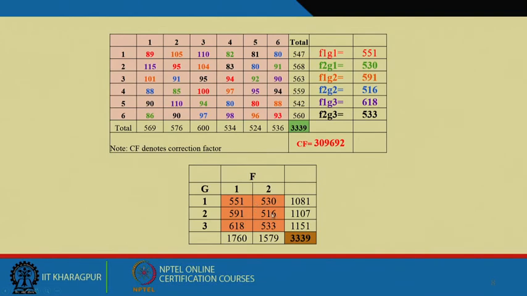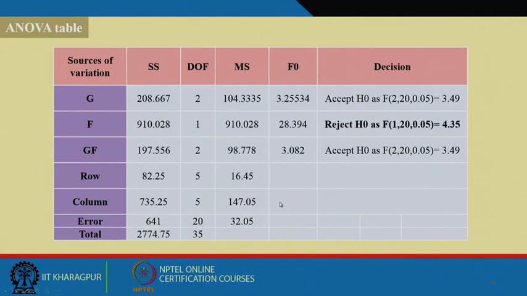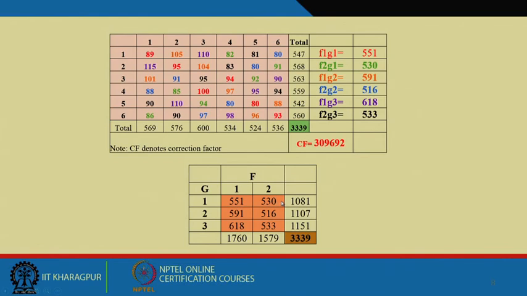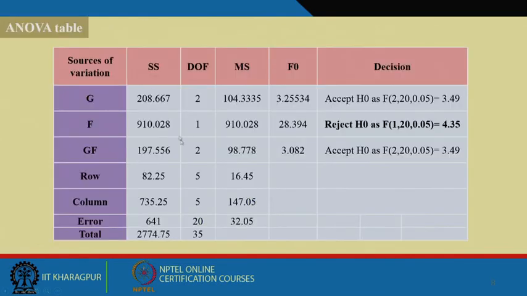Okay. And then you use the formula for computation, all of you know that we have already seen the SS formula, and then you find out the effects for row and column, the SS, degrees of freedom, and MS. And here what happened, we found that when we block, ultimately only the second factor F is significant and the rest of the factors are insignificant.